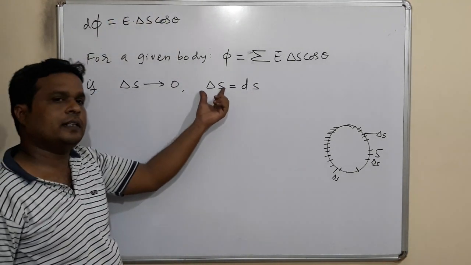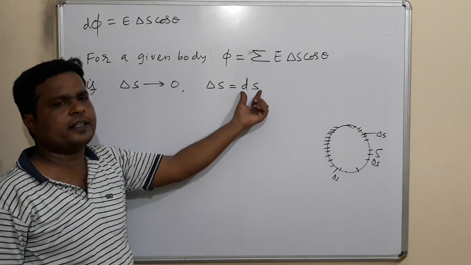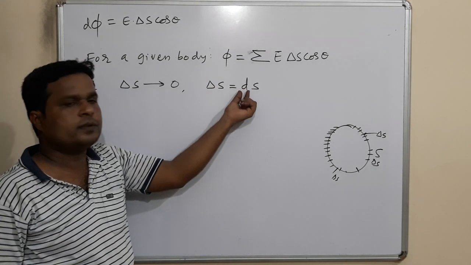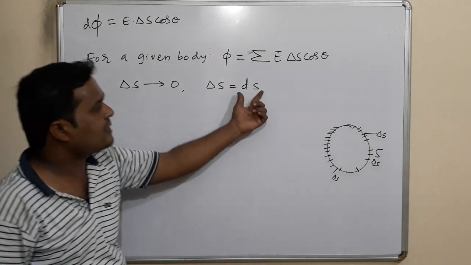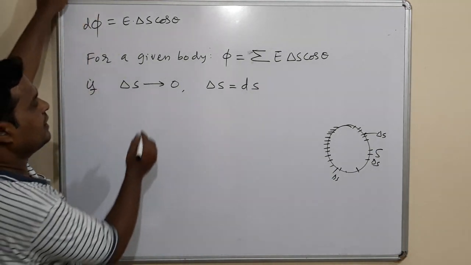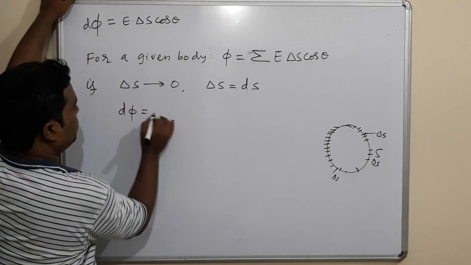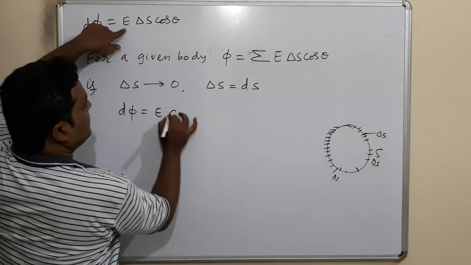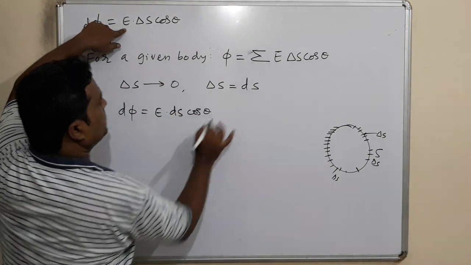In physics, for very small quantities we use ds. Then I can write d phi is equal to E ds cos theta.